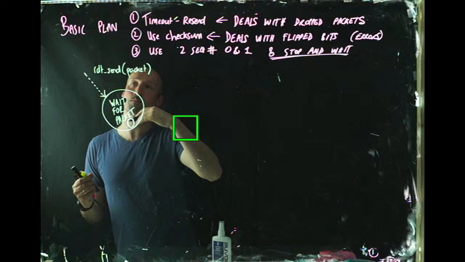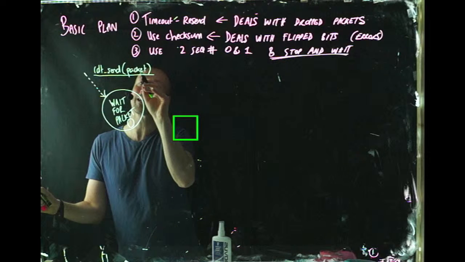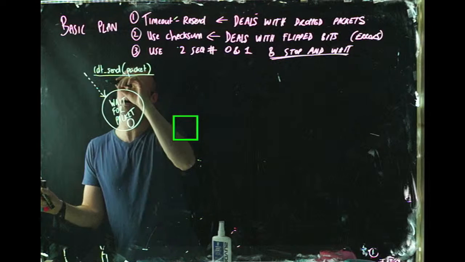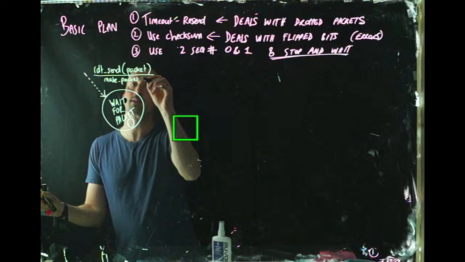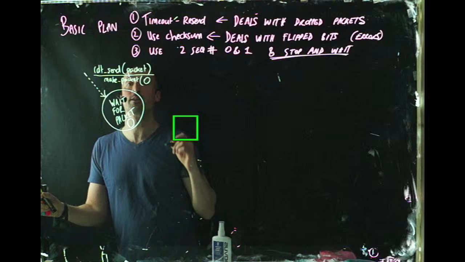So the event here is we want to reliably transfer. This is the function, reliably transfer this piece of information, this packet of information. So we're going to make a packet. Let's say we'll give it sequence number 0, and we'll put in the data, whatever the data is from up here.